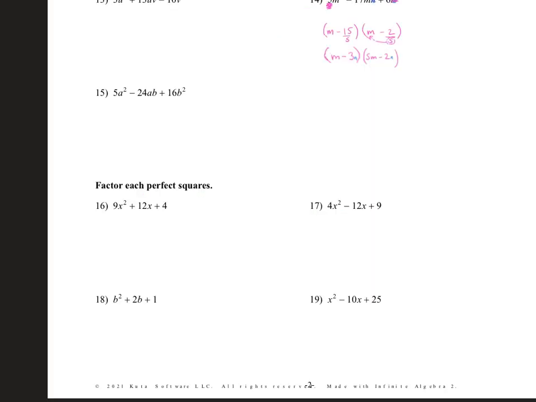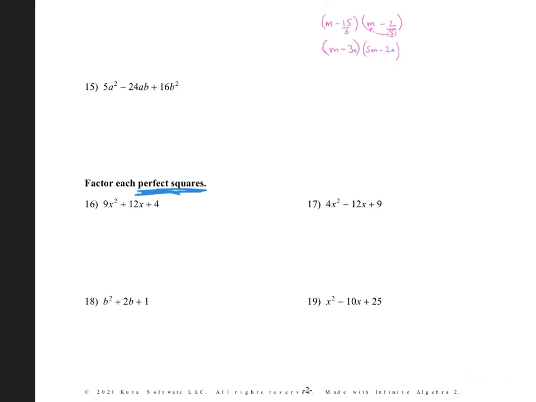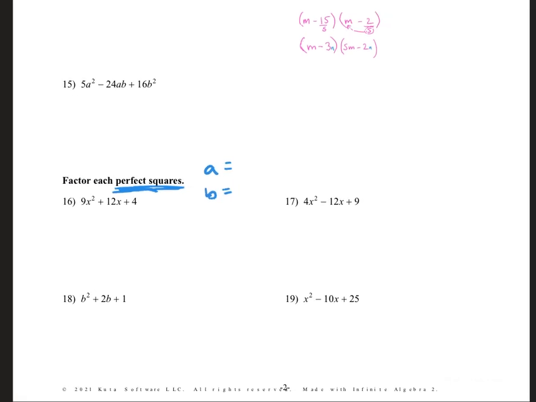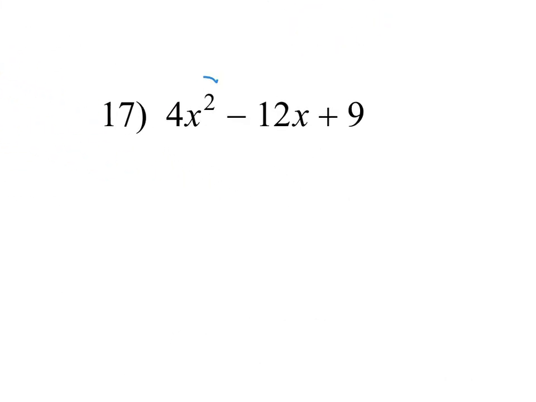For this next part, we're factoring perfect squares. So again, it's going to hint that we're factoring perfect squares. So that means we have to find what our A and our B are. So we're going to find A is equal to and B is equal to. So we have perfect square and perfect square.